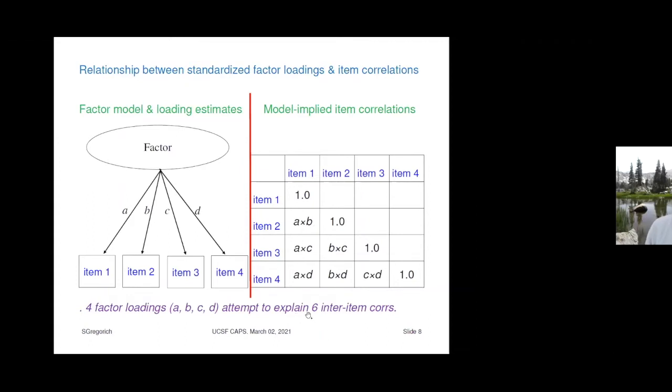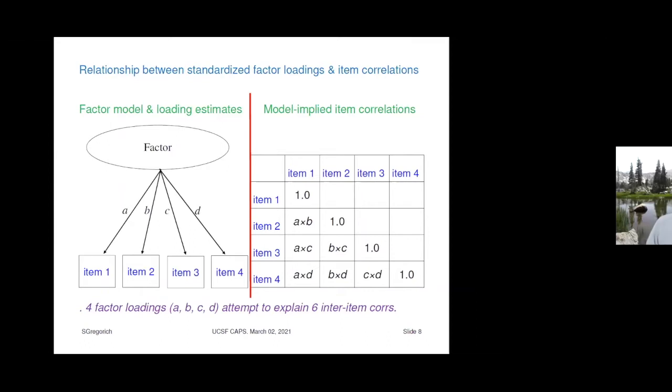And so if I can find a set of factor loadings that does a good job of reproducing these 6 correlation coefficients, that are pretty good matches to the observed data, then I've got a more parsimonious representation of those inter-item correlations with just 4 parameters.